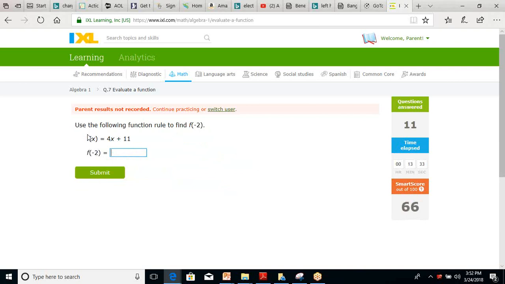You're plotting y against some x value, but y is going to vary with x like this. As x gets larger, y is going to get larger. So if x is minus 2, we substitute minus 2 here. We get 4 times minus 2 is minus 8, plus 11, so that's plus 3.